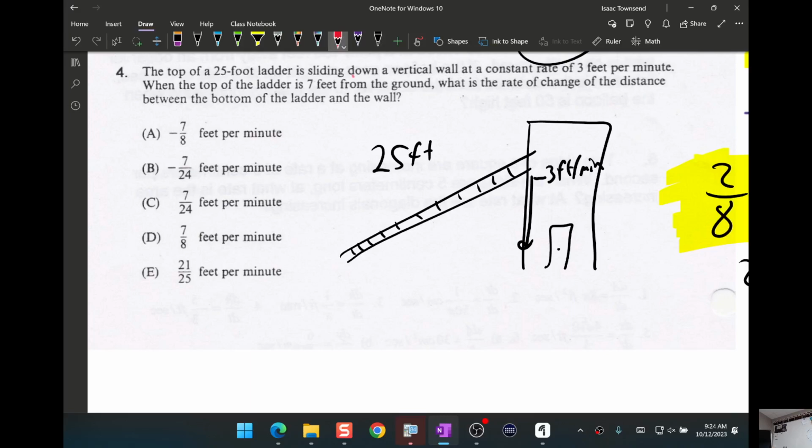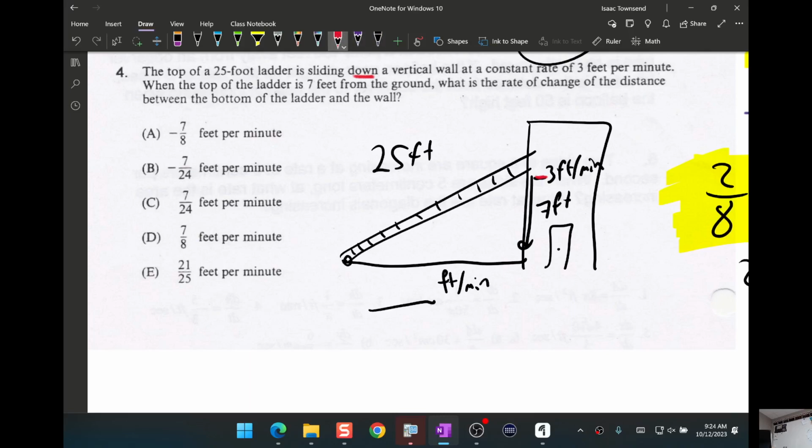Now notice, because it's going down, I did make this length negative, or the distance negative, to indicate that direction. When the top of the ladder is 7 feet from the ground, what is the rate of change of the distance between the bottom of the ladder and the wall? So how many feet per minute would that be?